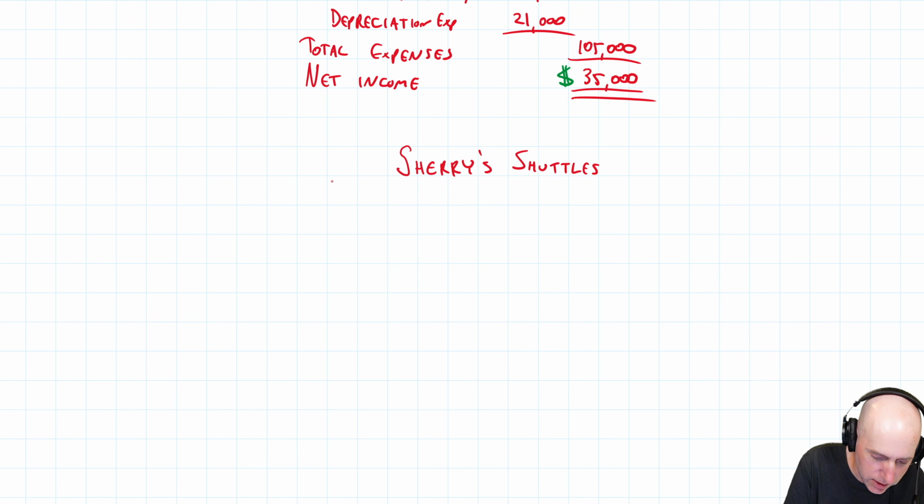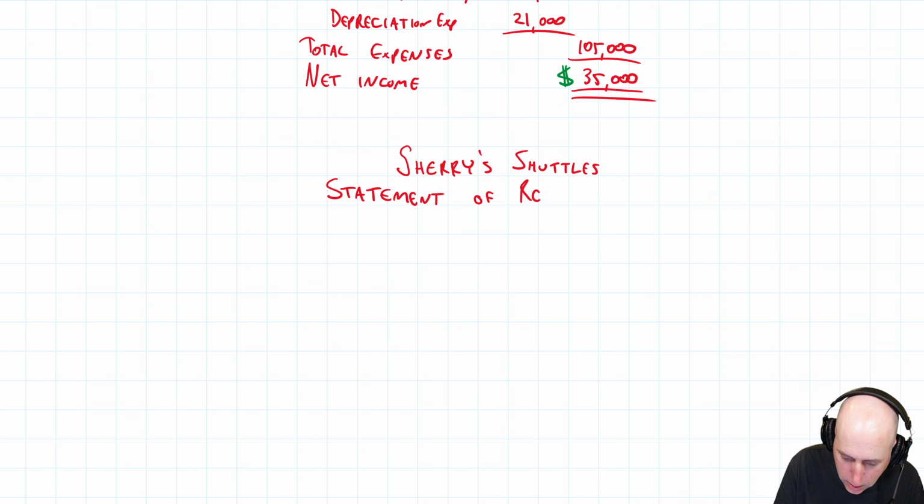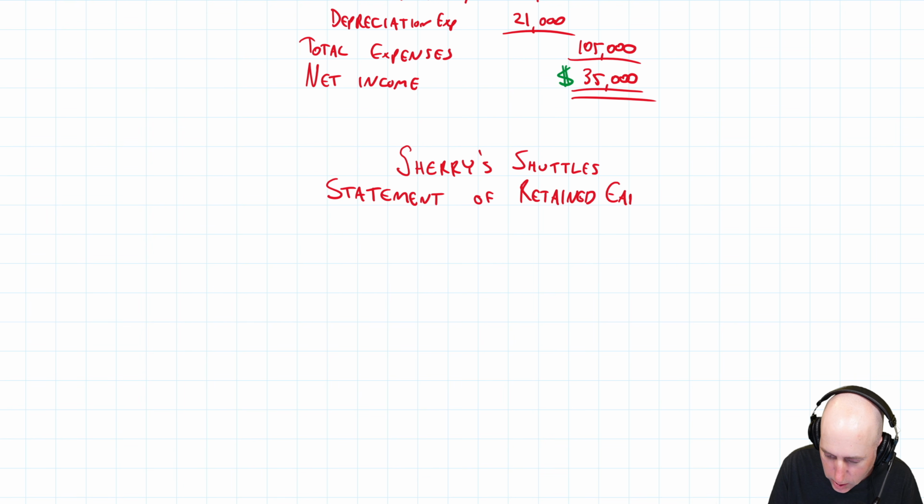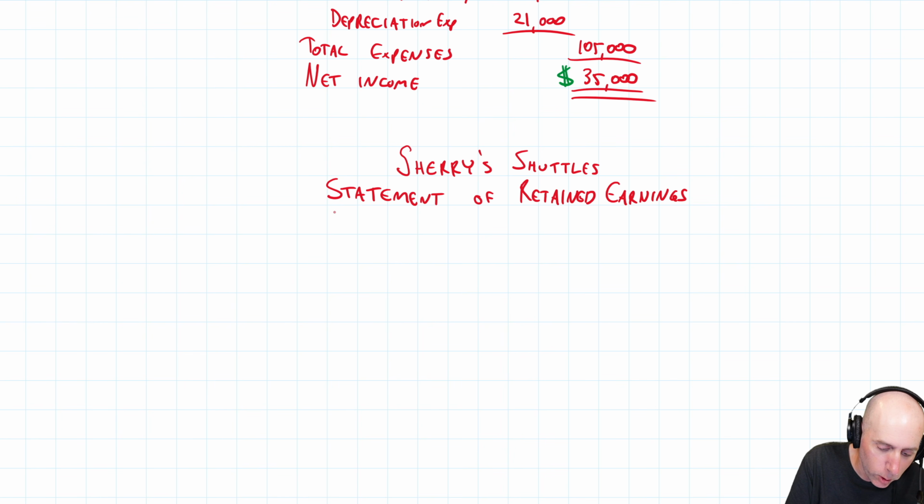Name of the statement. This is a statement of retained earnings, and it gets dated the same way for a time period.